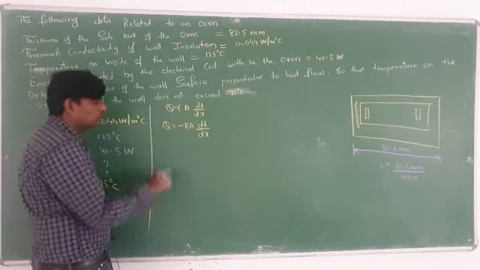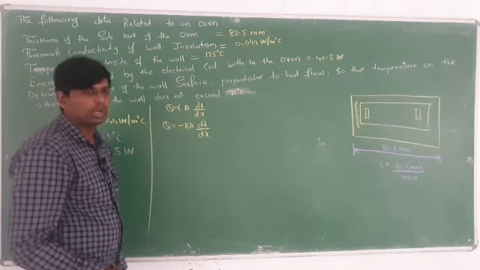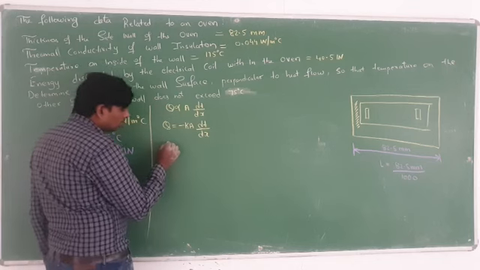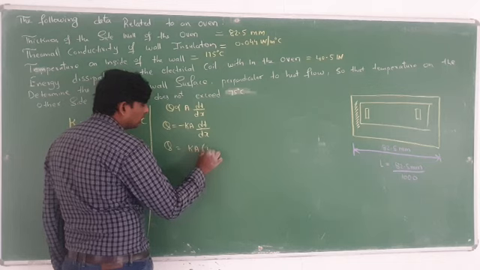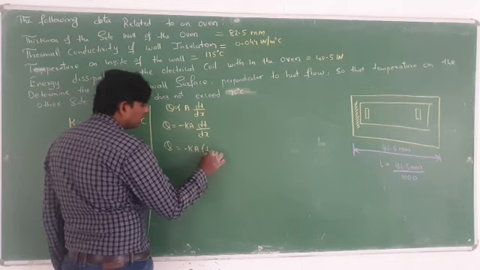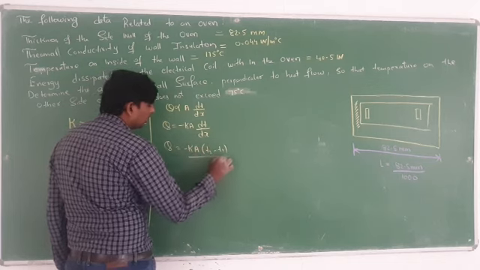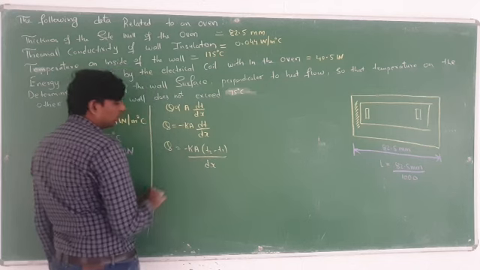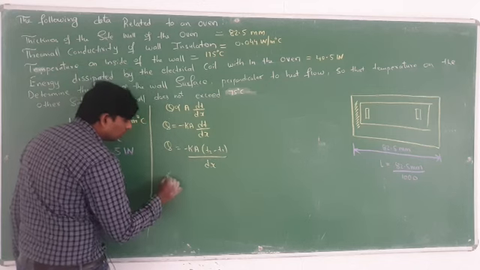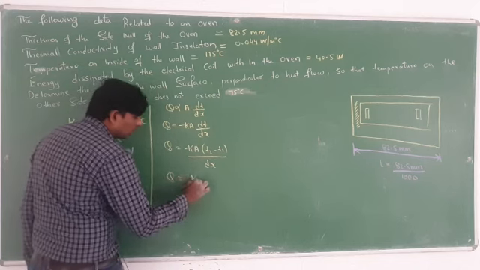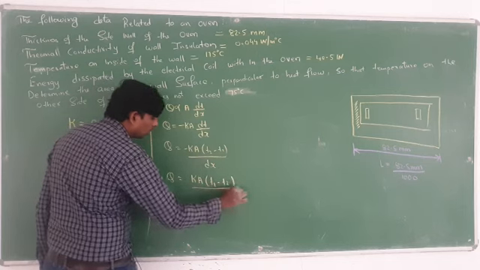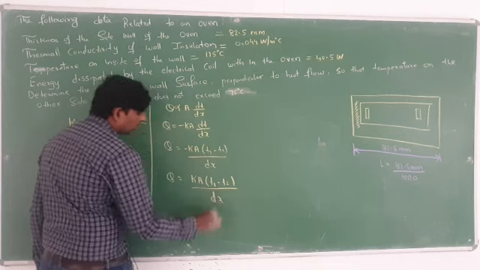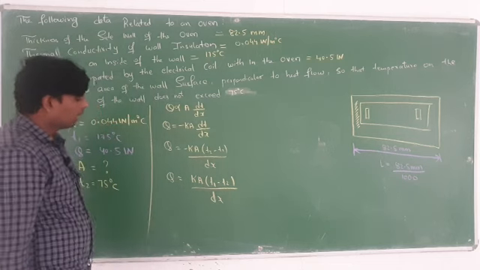Q is equal to K A, here you can write T2 minus T1 by dx. Then Q is equal to K A, T1 minus T2 by dx, write dx as it is.